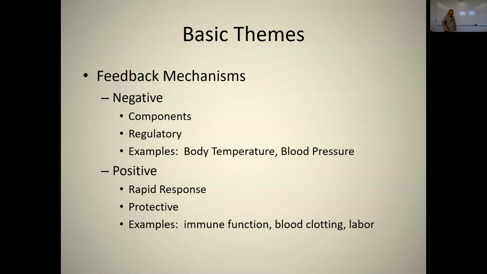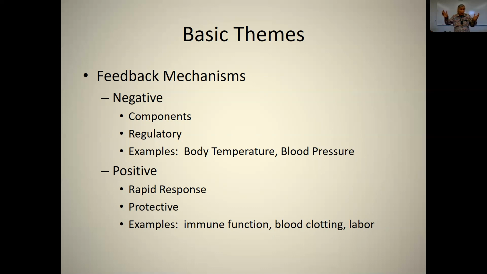Okay, then we get into feedback mechanisms. These are critical to understand because when we get into physiology, physiology is regulation. How do you regulate things? There's all kinds of what I call homeostatic variables. That is, everything inside your body is variable, but homeostatic ones are the ones that should be kept constant or nearly constant for your whole life.